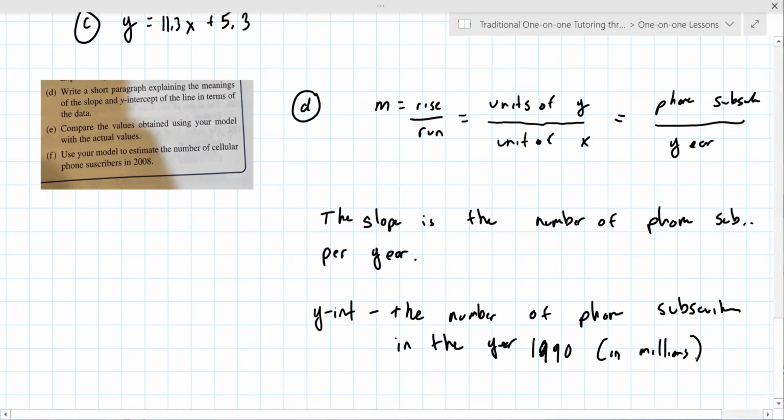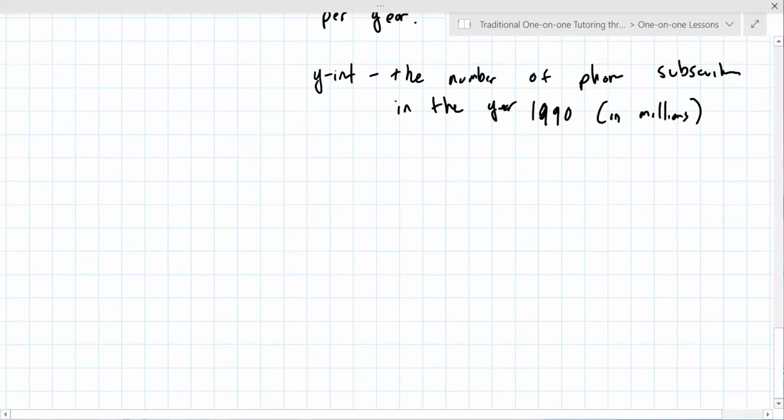Okay. So part E says compare the values obtained using your model with the actual values. I don't quite know what they're asking for in part E. I guess they're asking you to use your model and make a table here.